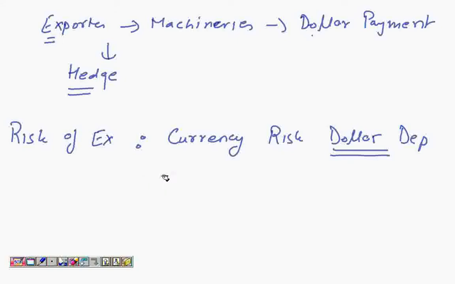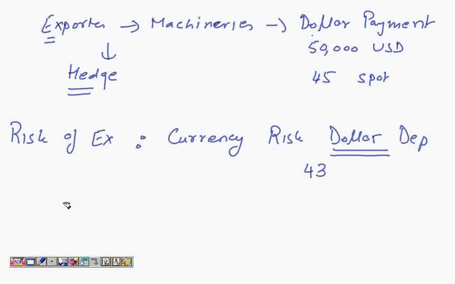So if we can take numerical values also. For example, let's take $50,000 is what he's expecting, and currently the prevalent spot rate is say 45 rupees. Depreciation of the dollar here would mean the dollar coming down to 44 or 43. So the risk is that now the rupee stands at 43, and he's losing 2 rupees.